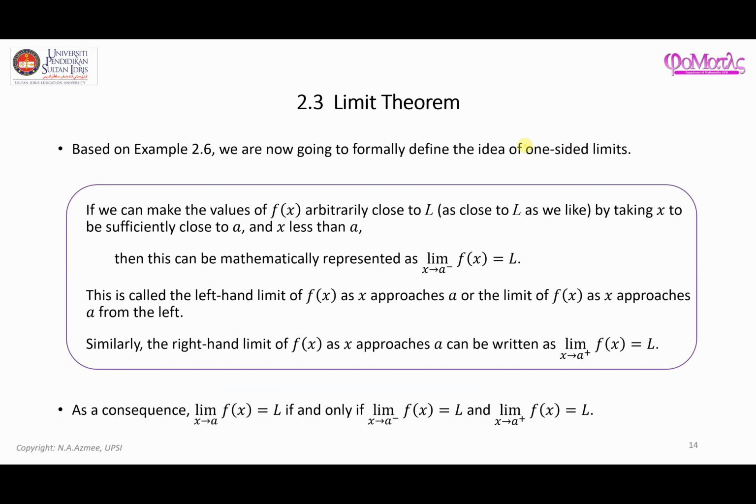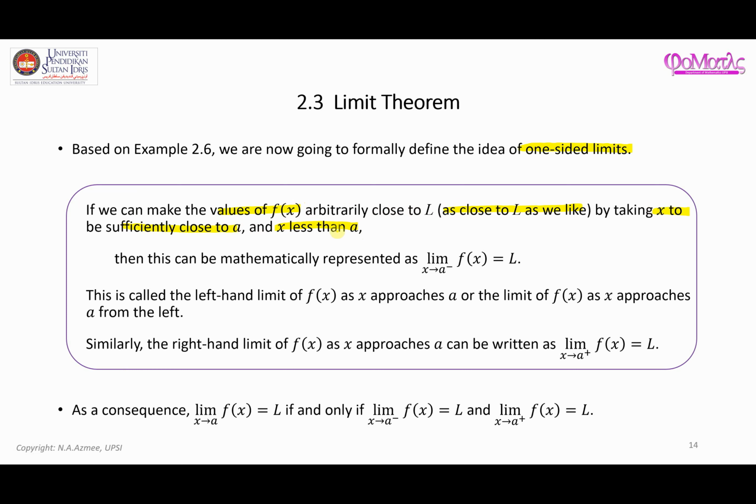I'm going to talk about one-sided limits. If you can make the values of your function arbitrarily close to L, which means as close to L as you like, by taking x to be sufficiently close to A, where x is less than A, then you are approaching A from the left direction.